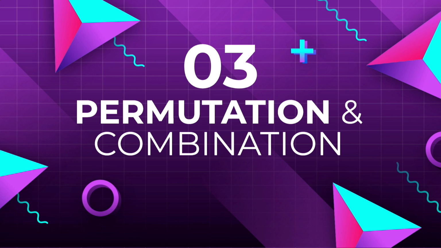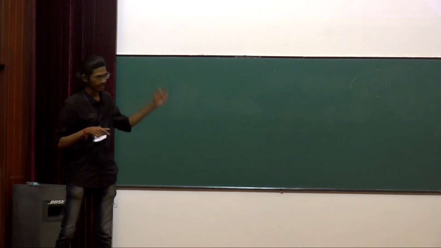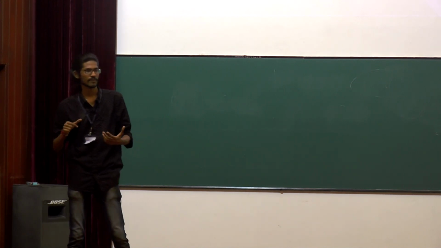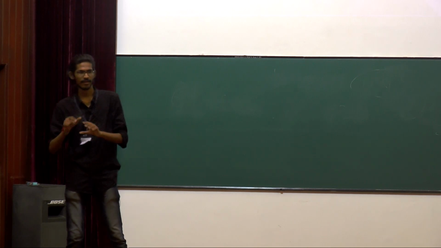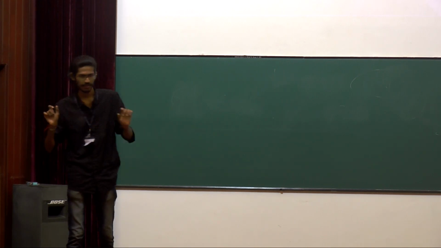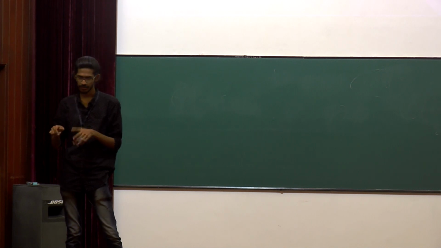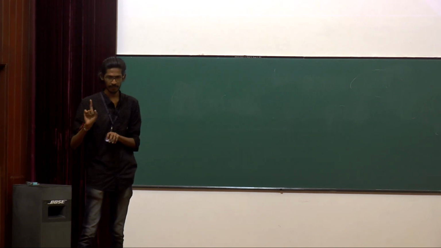Perfect. So permutation is basically that given some objects, you choose them and you arrange them. That is permutation, and combination is just choosing them. So for example, if you have five different cards with me, and I have to select just 3 of them, I can just pick up 3 and that will be one of my combinations.